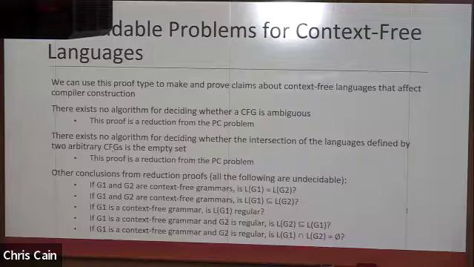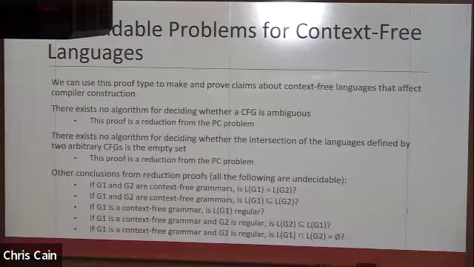But intuitively, it makes sense that that restriction doesn't really help us a ton because the language is still infinite and you're still looking for a contradiction, a string that is in the language of grammar two that is not in the language of grammar one. If you can find such a string, then you could say that the language of grammar two is not a subset of the language of grammar one.